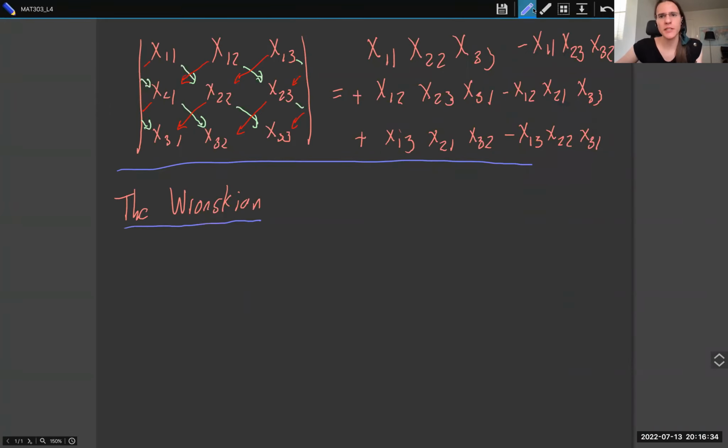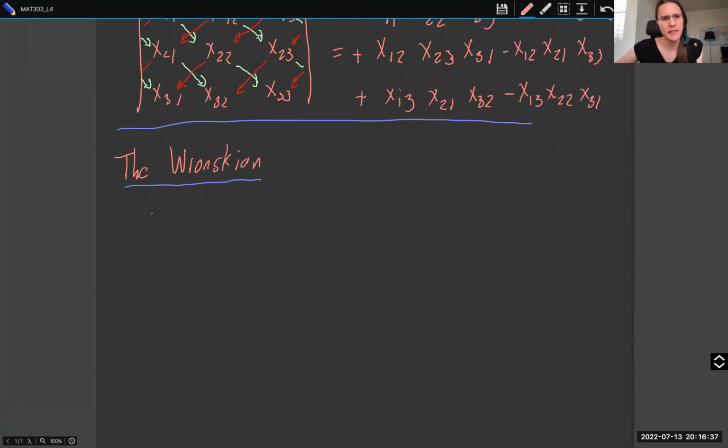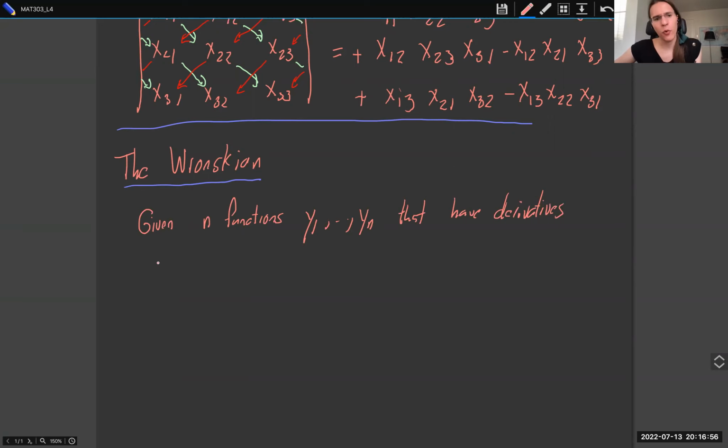What the Wronskian is: given n functions, y1 through to yn, that have derivatives of order n minus 1, consider the determinant.